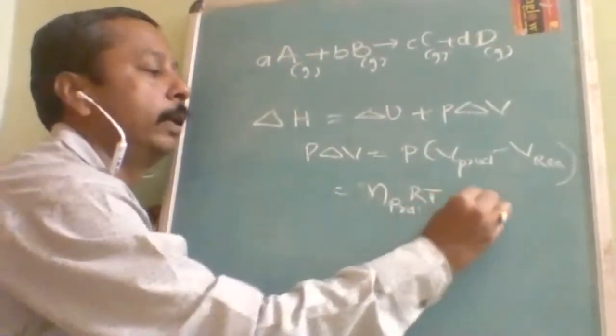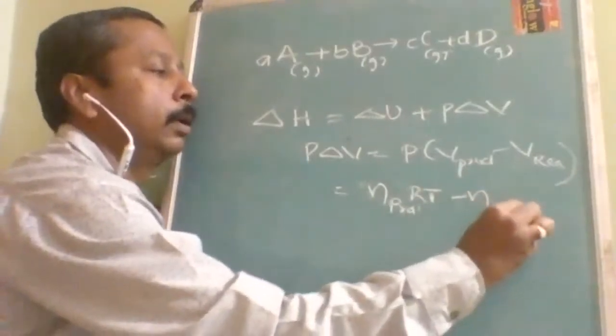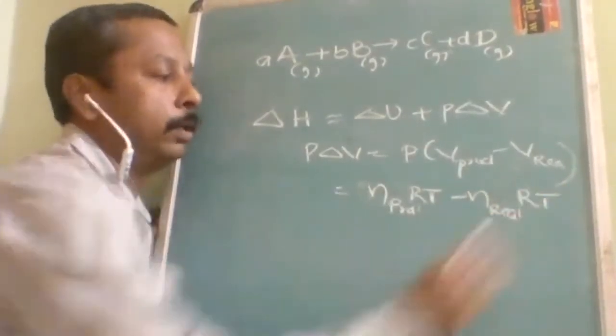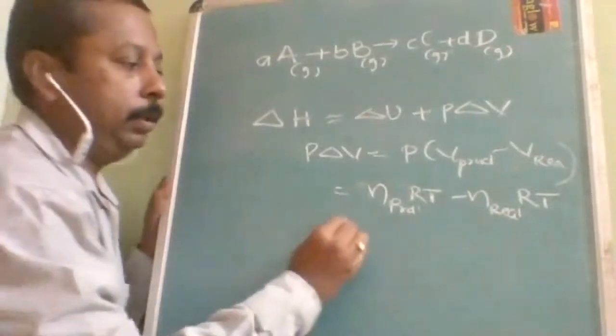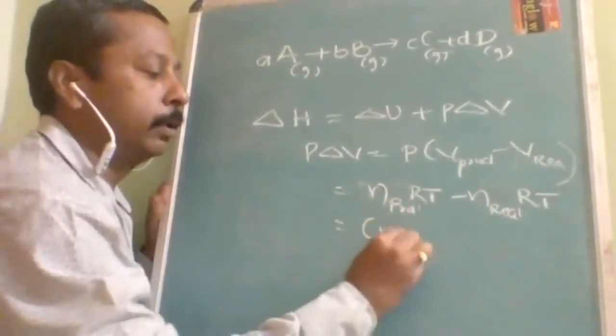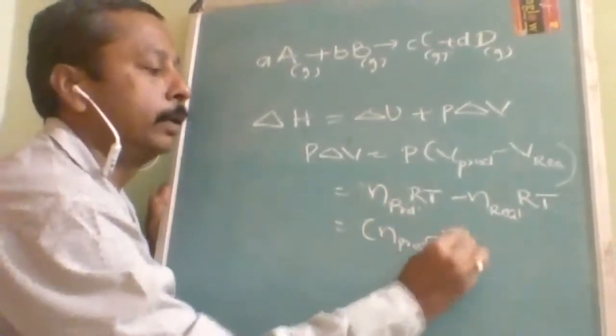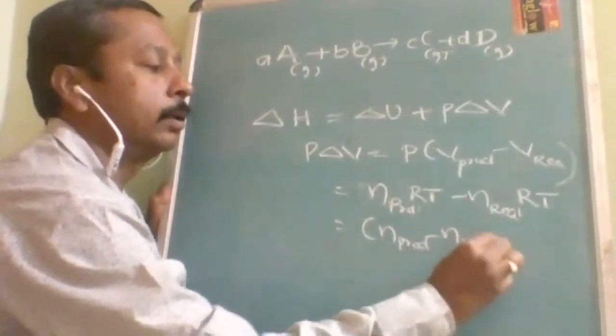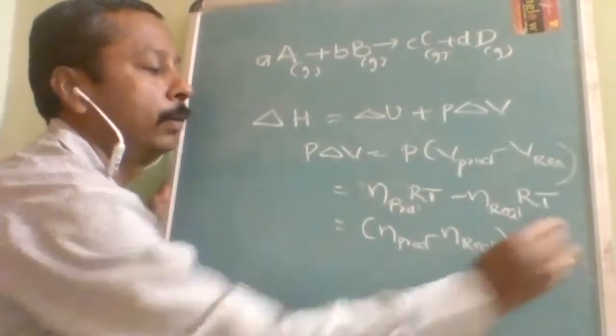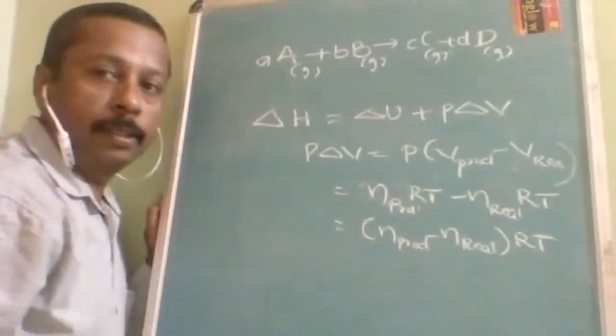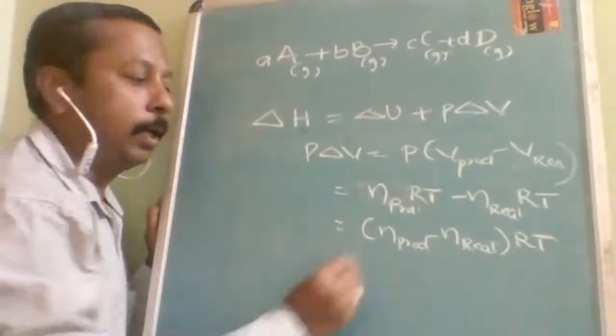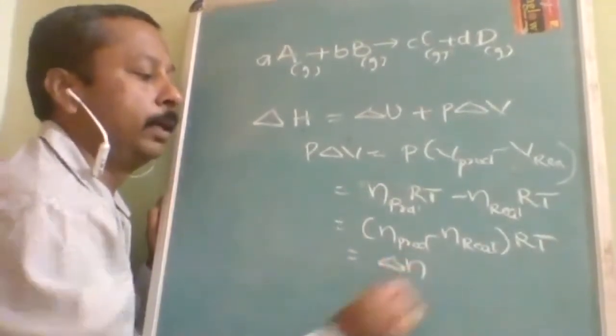Same way, n reactant into RT. So we can write n product minus n reactant, into RT. What we can write here: n product minus n reactant into RT. This will be delta n.